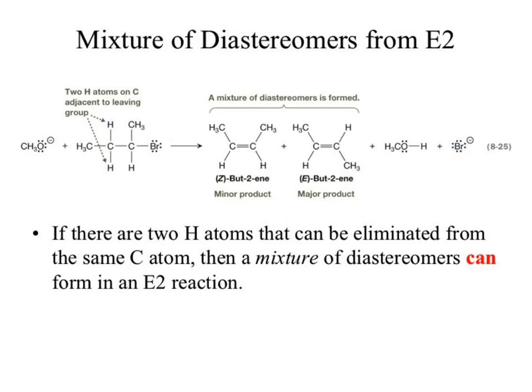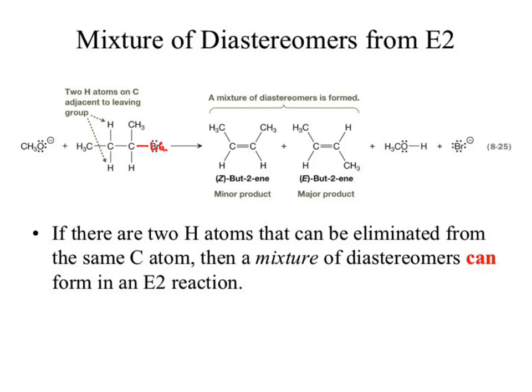So, can you get a mixture of products in the E2? Yes. An E2 mechanism still only produces one product, so how do I get two? What's different about this structure? Where's my leaving group? There's my leaving group.